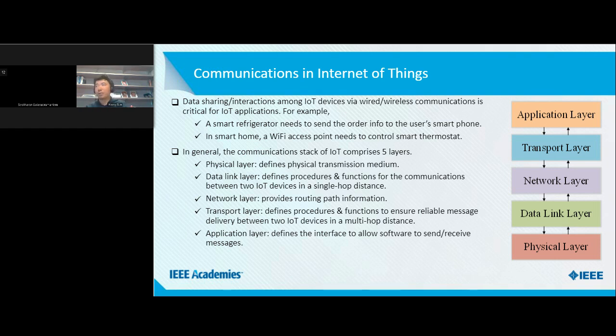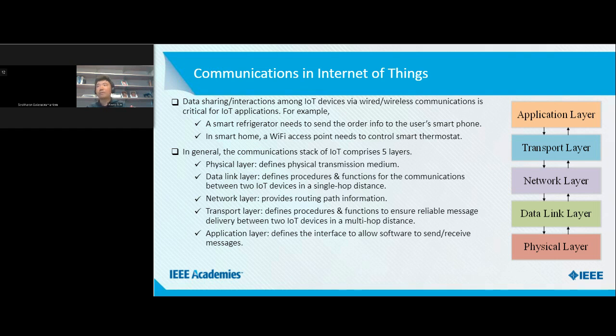If you are familiar with internet protocols, the TCP/IP protocol stack is basically a hierarchy of software layers that defines the communication protocols between two hosts or two IoT devices over the internet. The communication stack in IoT applies a very similar architecture.